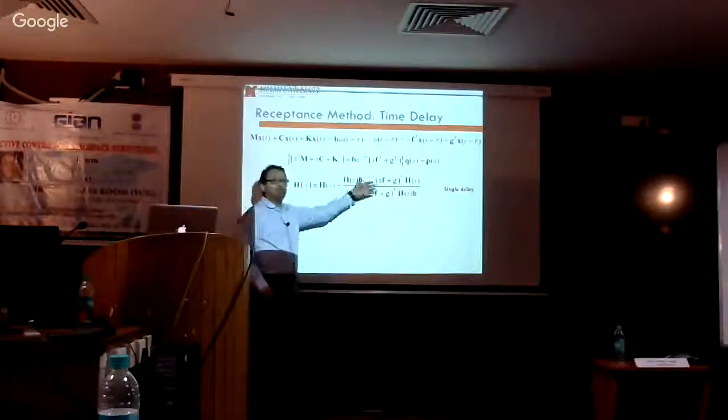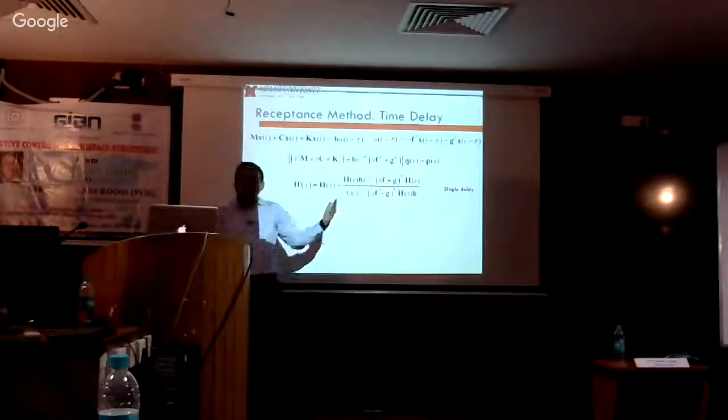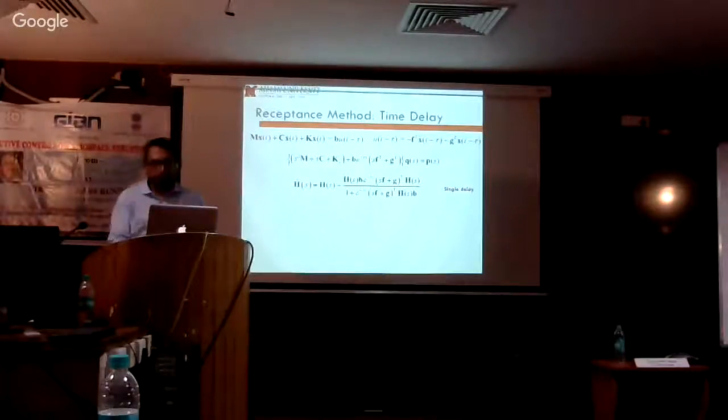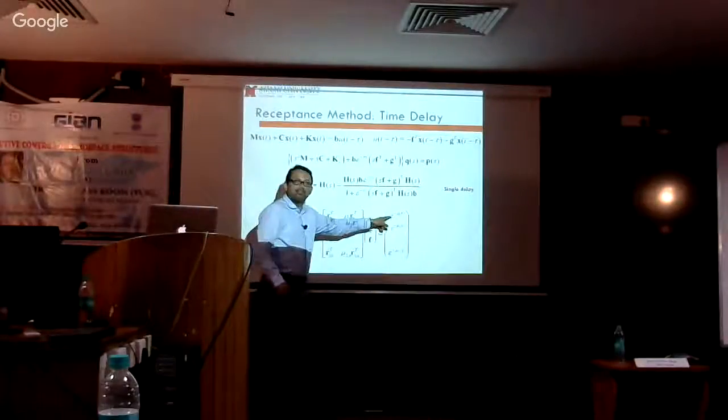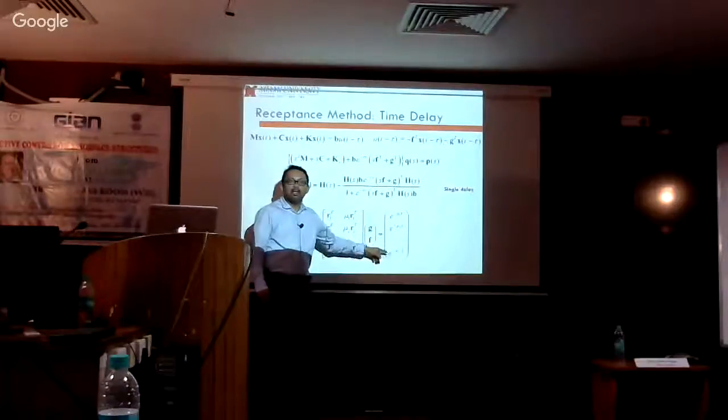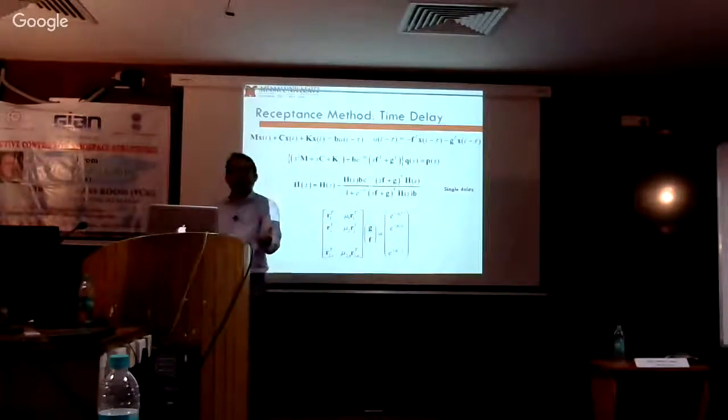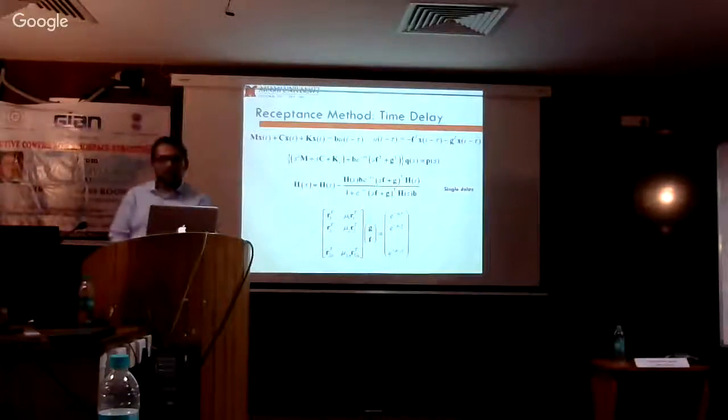The roots of this term have to be 0 in order to calculate the controller gain. If you rearrange it, you will get this expression. Now for a given value of tau, you can easily calculate the gain.